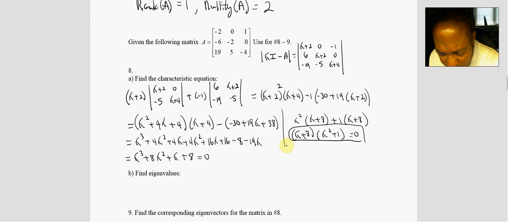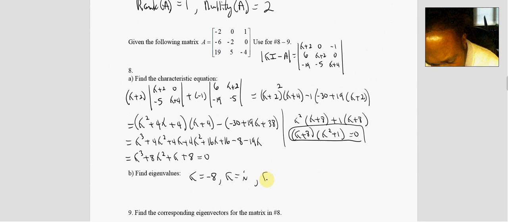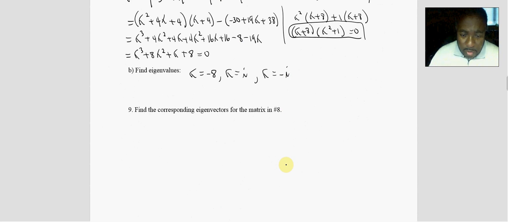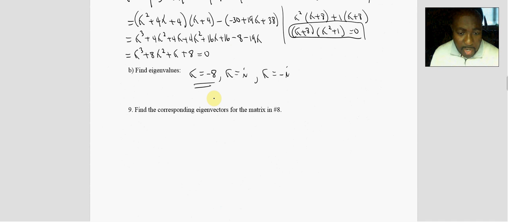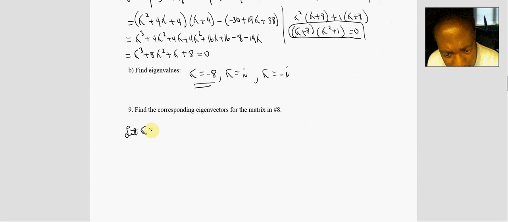Now the eigenvalues, when you set that equal to 0, we get lambda equal to negative 8, lambda equal to plus or minus i, so we get i, and then lambda equals negative i. We'll only consider the real value in terms of solving for the eigenvector, so we want the so-called real eigenvector. So we let lambda equal negative 8.